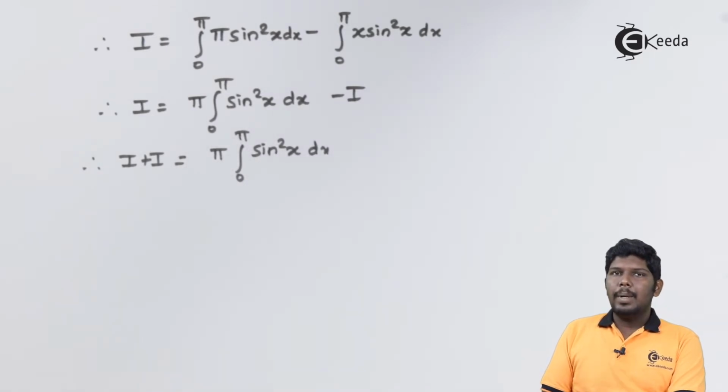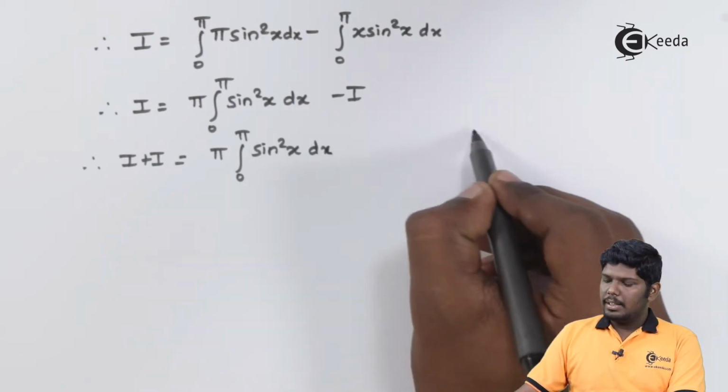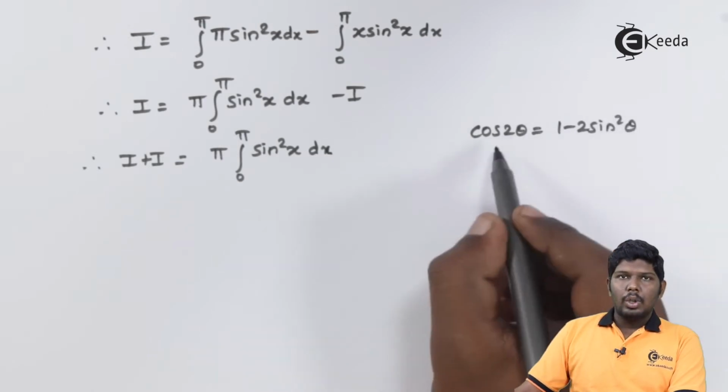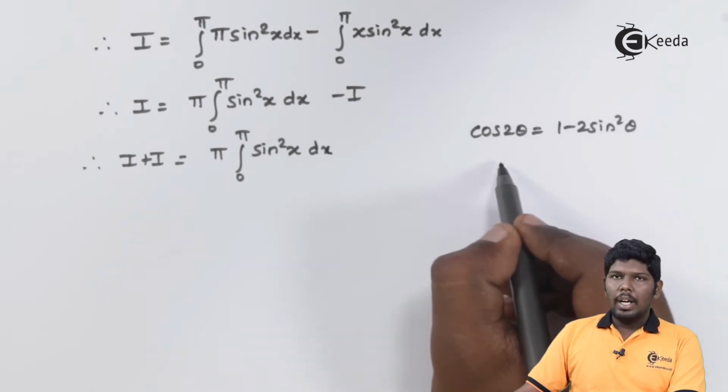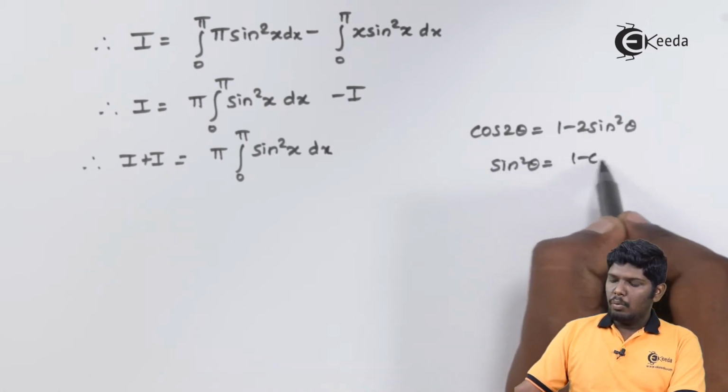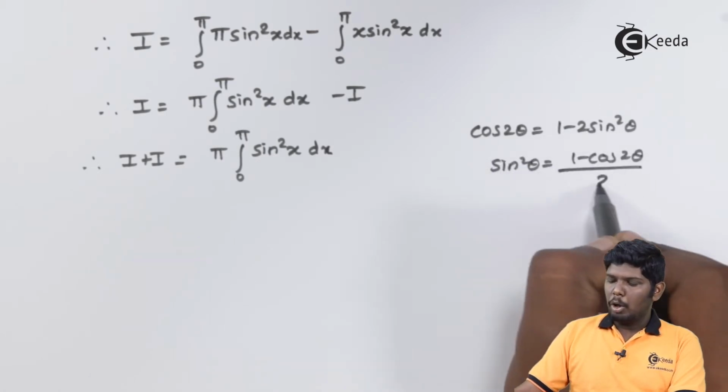Now in the previous chapter on integration, we have seen how to integrate sine square x and cos square x. To integrate sine square x, we need to use the half angle formula of cos 2 theta. Now the formula of cos 2 theta is 1 minus 2 sine square theta. So on solving this equation, you will arrive at sine square theta equals 1 minus cos 2 theta upon 2.